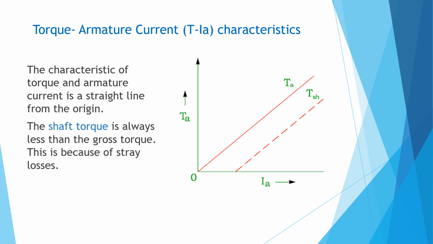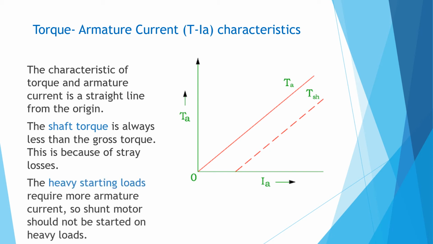The shaft torque is always less than the gross torque. There are two different types of torques. This is because of stray losses. The heavy starting loads require more armature current. So a shunt motor should not be started on heavy loads. You should remember this, otherwise it might fail to start.